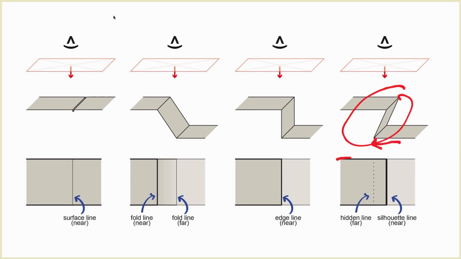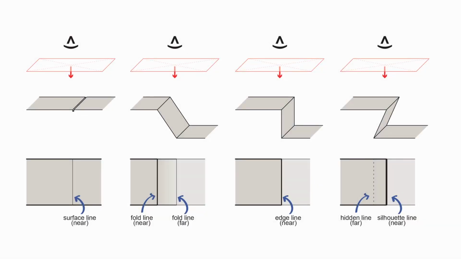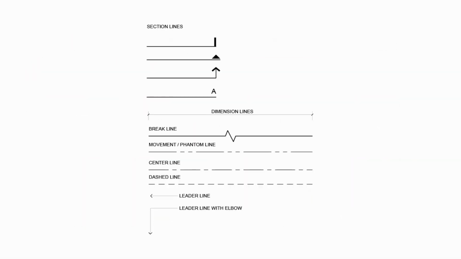So we see that same nice bold line here, here, and here. We see our light lines here and here, but then they've added this hidden line right there to represent that edge that's underneath. So we're using a different line type to denote that it's underneath. We're using the hidden line. And we'll use a little bit of hidden lines in our work today.